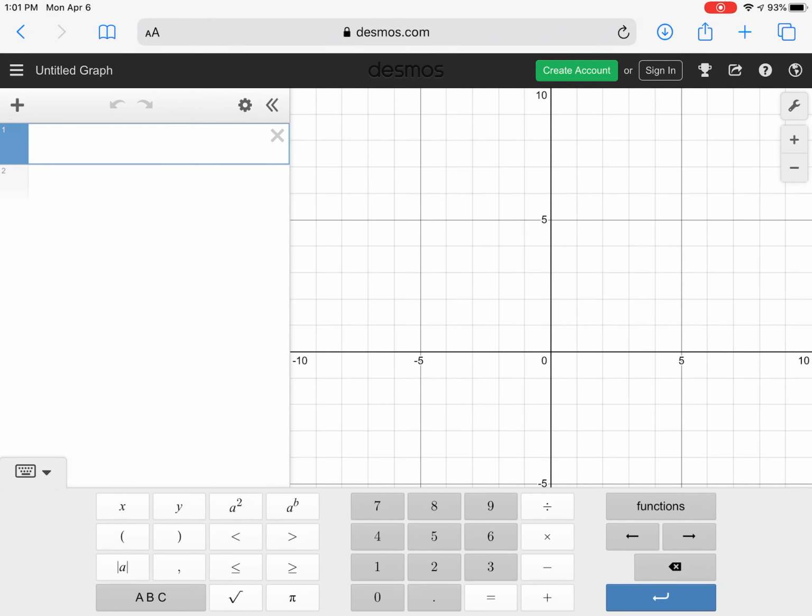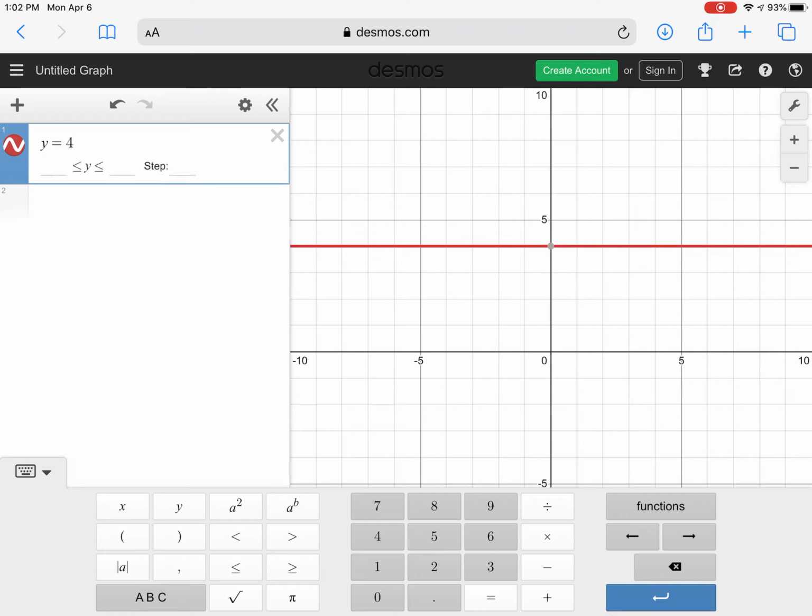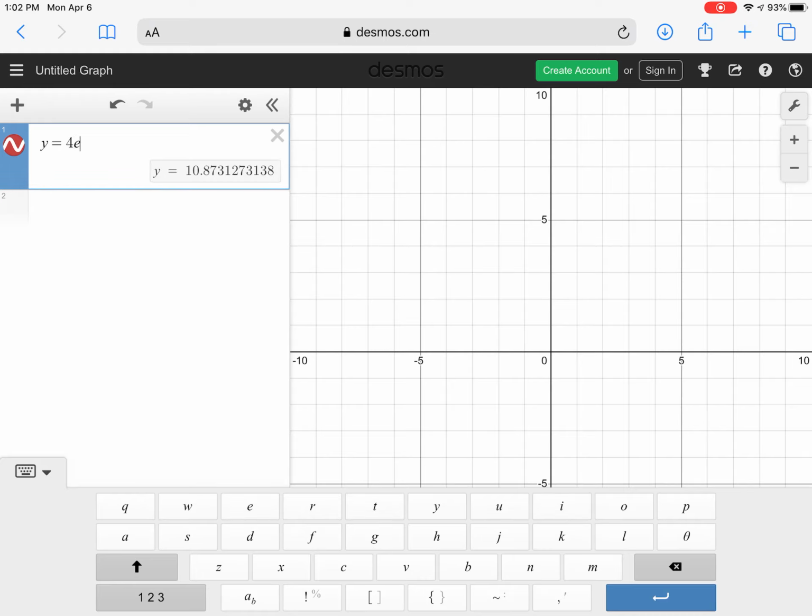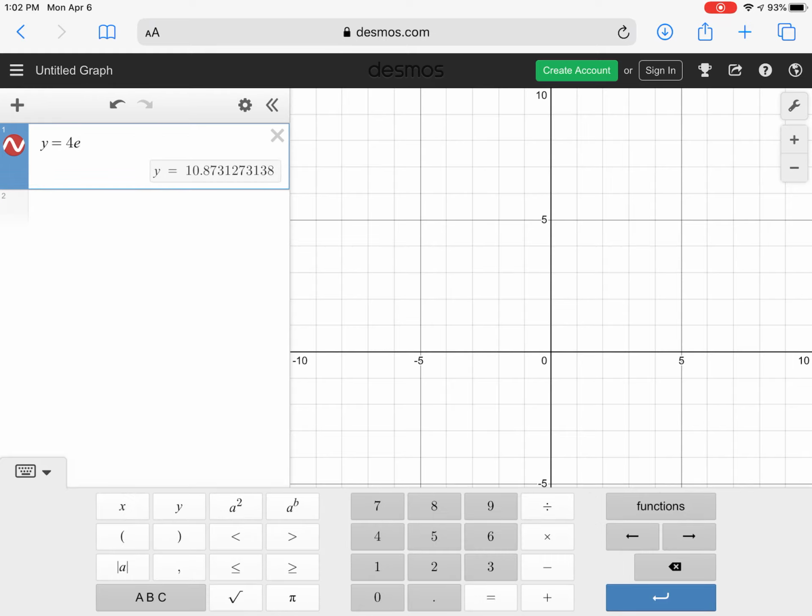So on here, we're going to put y equals 4, and then we're going to type in e, go back to the, and then backspace. We're going to put the x, and then we're going to go down and -3.